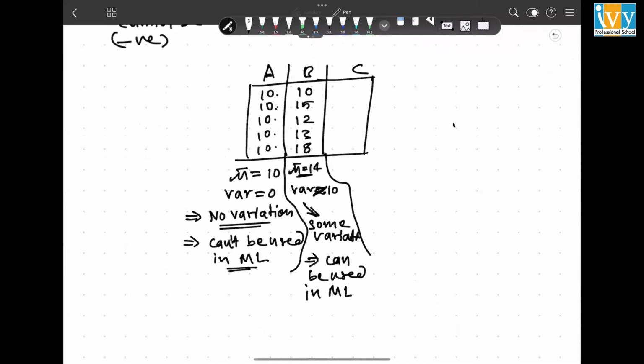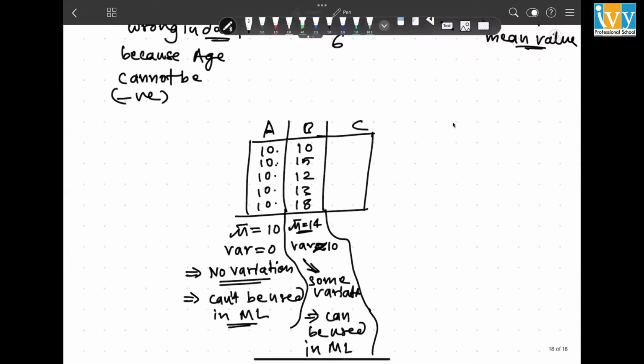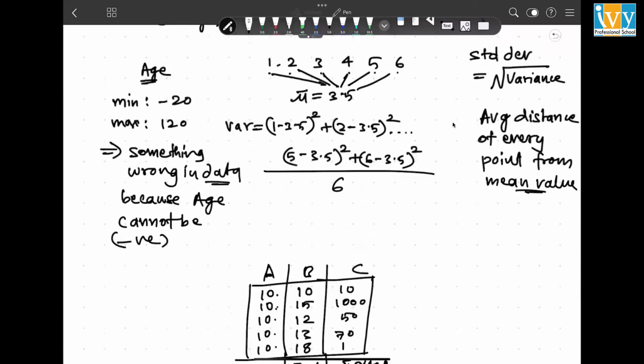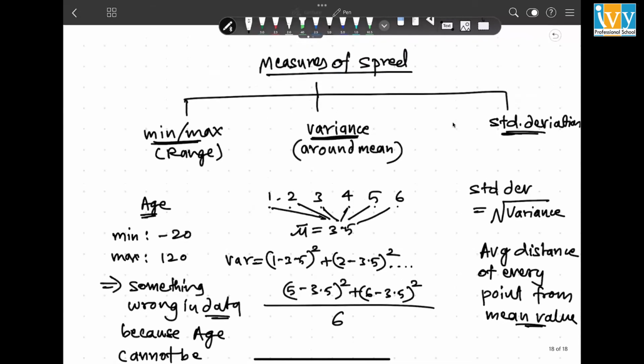Third scenario, let's say there is too much variance. 10,000, 50, 71. Too much variation in the data. The mean value will be somewhere around maybe 400 or 500, and the variance will also be high, because if you are subtracting something far away, it will generate a huge number.